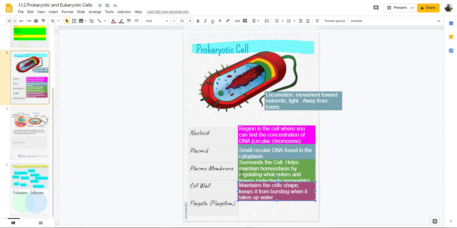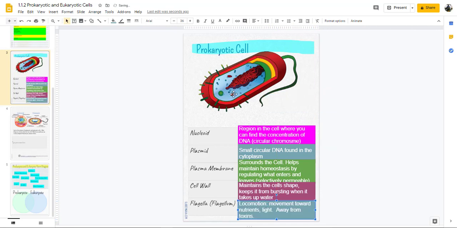So think about multicellular organisms. Those are always eukaryotic cells. Prokaryotes are always unicellular. They are always just one organism, one cell. So that cell wall is important to bacteria to help keep its shape and keep it from bursting.